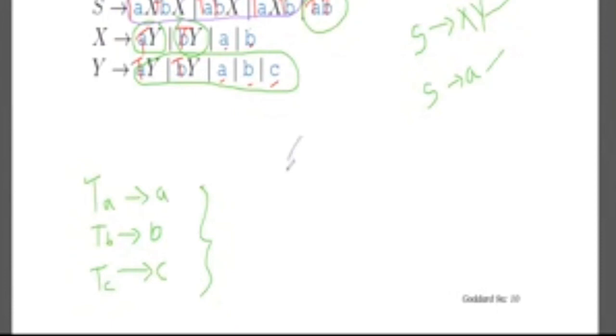That is, I write it here. S tends to TAXTBX is one production, or you have TATBX, or TAXB.